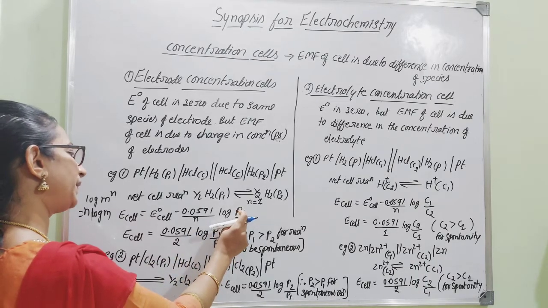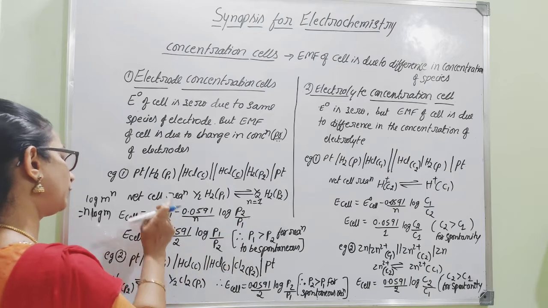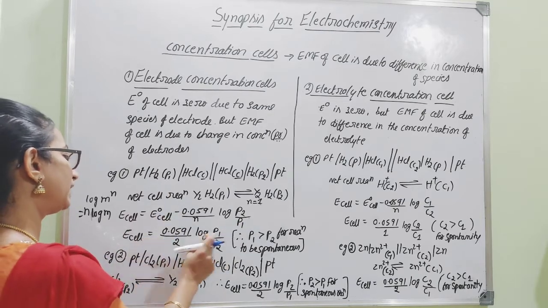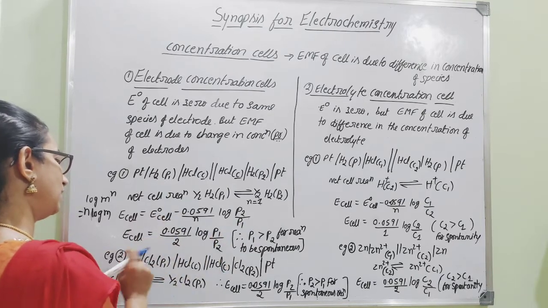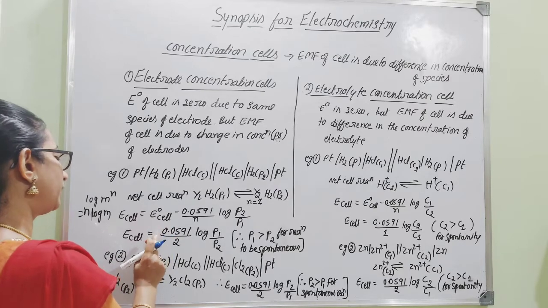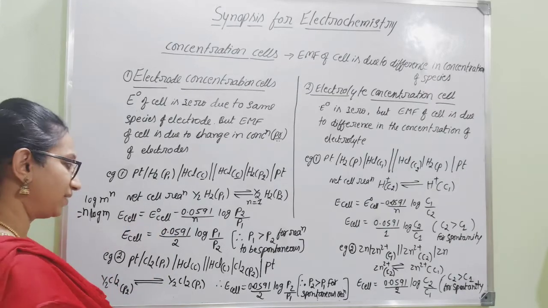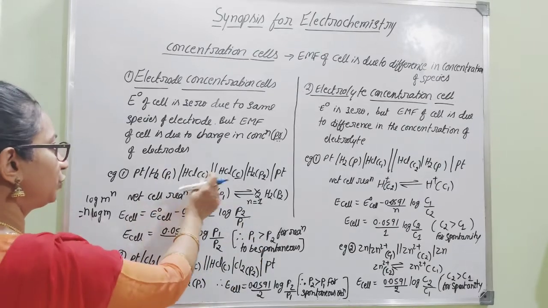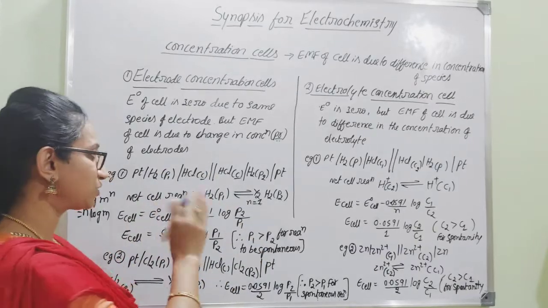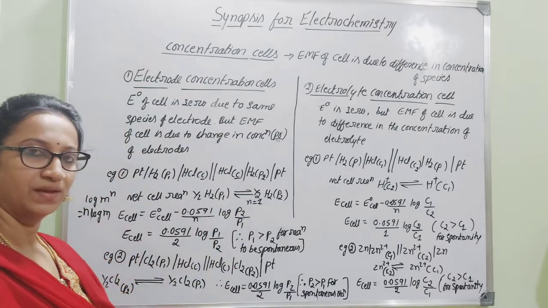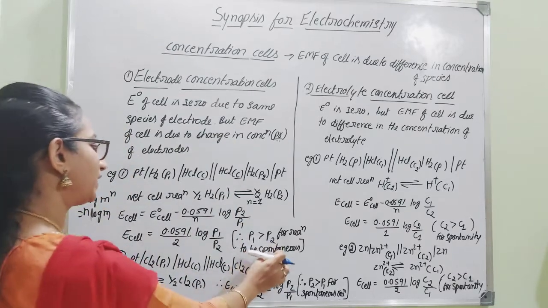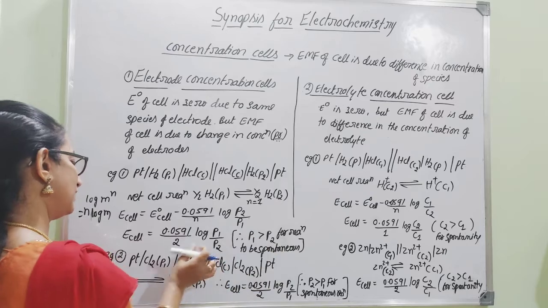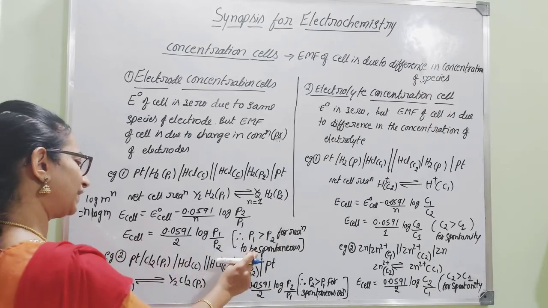First initially you will get P2 by P1, but if you have to get positive symbol then P1 by P2. Why do we have to get this positive sign? Because for any reaction to be spontaneous, if it has to occur in the forward direction, then what is the condition required?